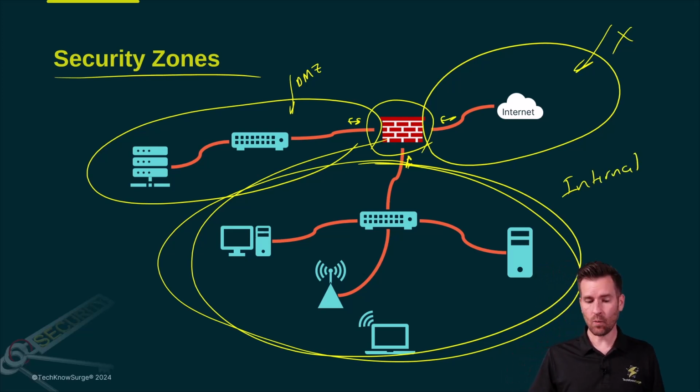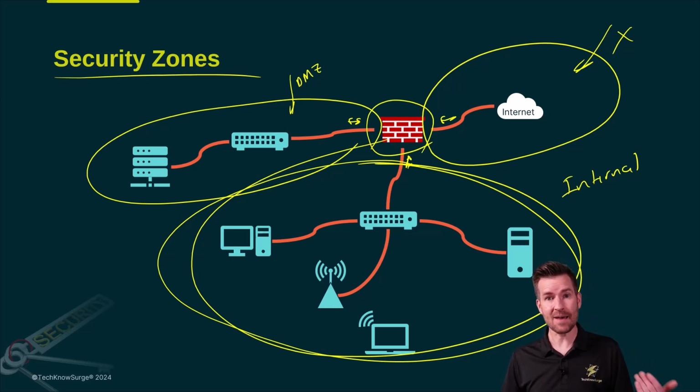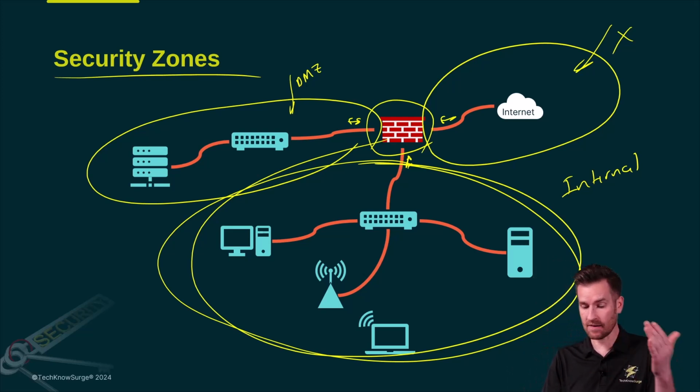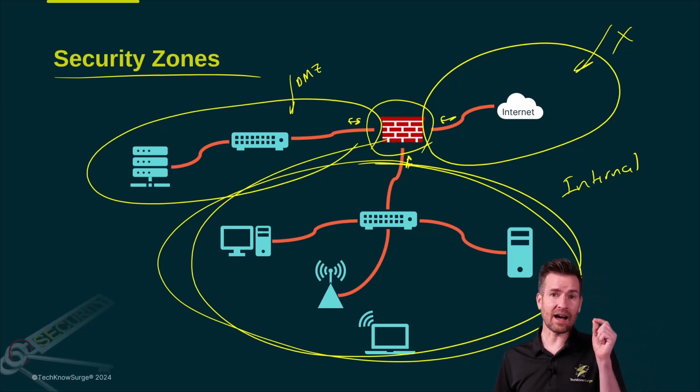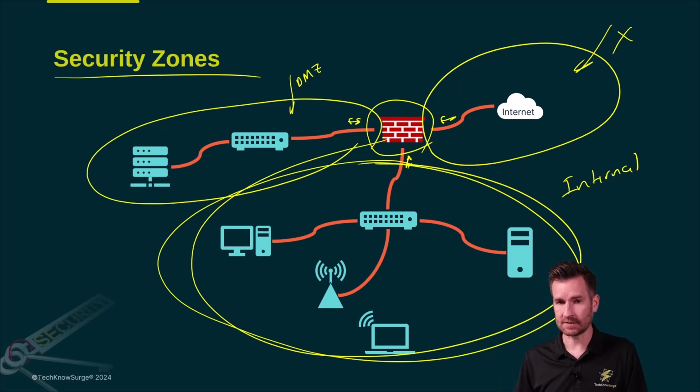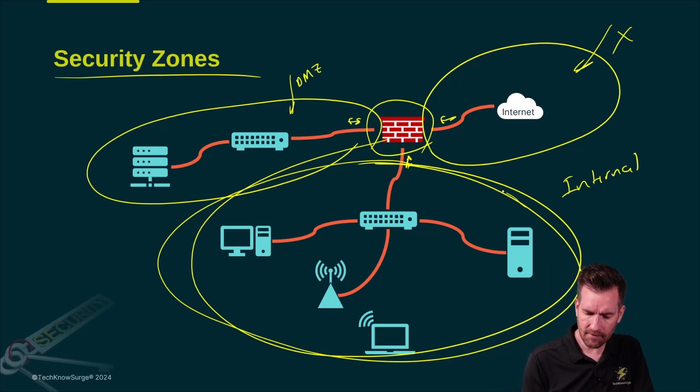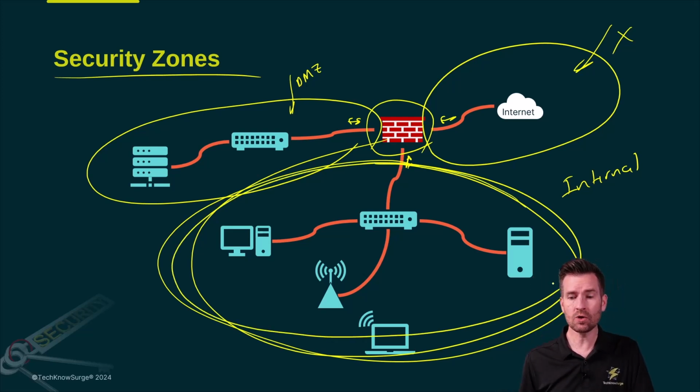There are different ways that we can control the traffic coming in and out of these different zones. But one of the common ways that these firewalls are set up is that anything from the internal zone could go to the DMZ or the internet. Anything from the DMZ could go out to the internet. But nothing from the internet could automatically be accepted to go into the DMZ or the internal network.